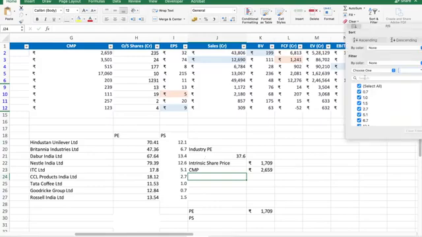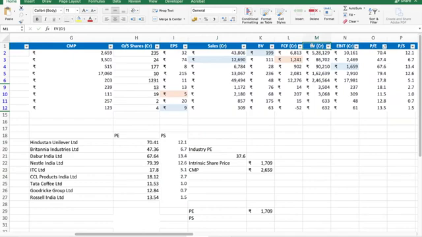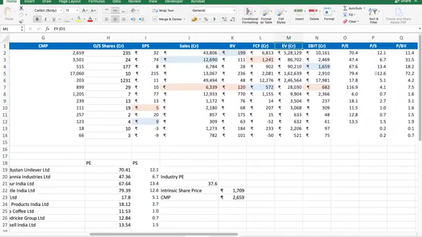Let's look at the other multiples as well, if there are any. All right, so price to sales, as you can see, most of the numbers look very fine to me.